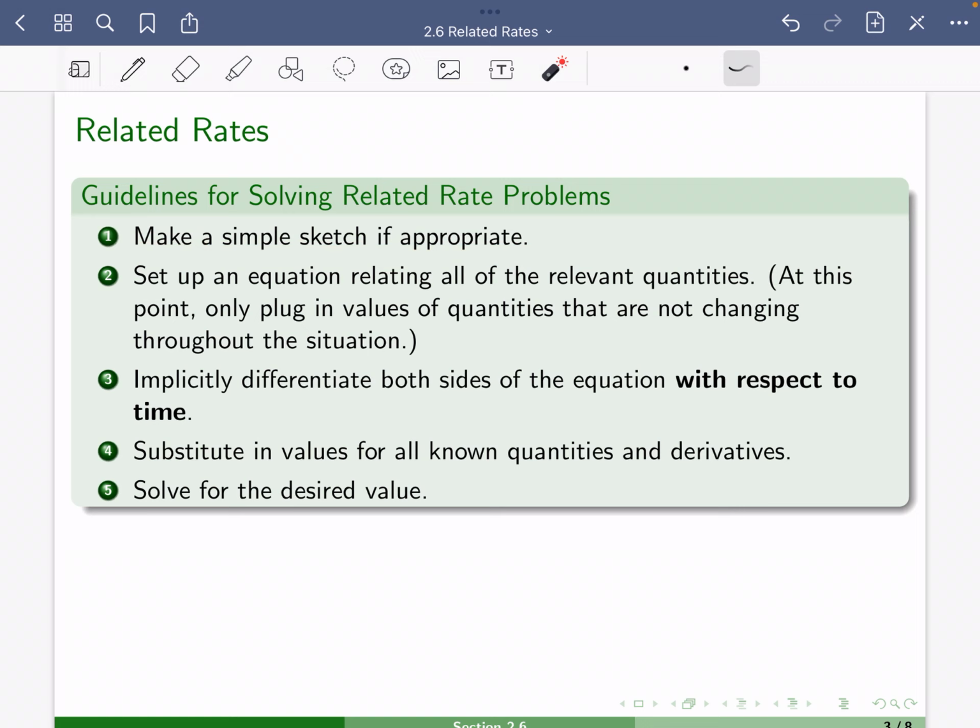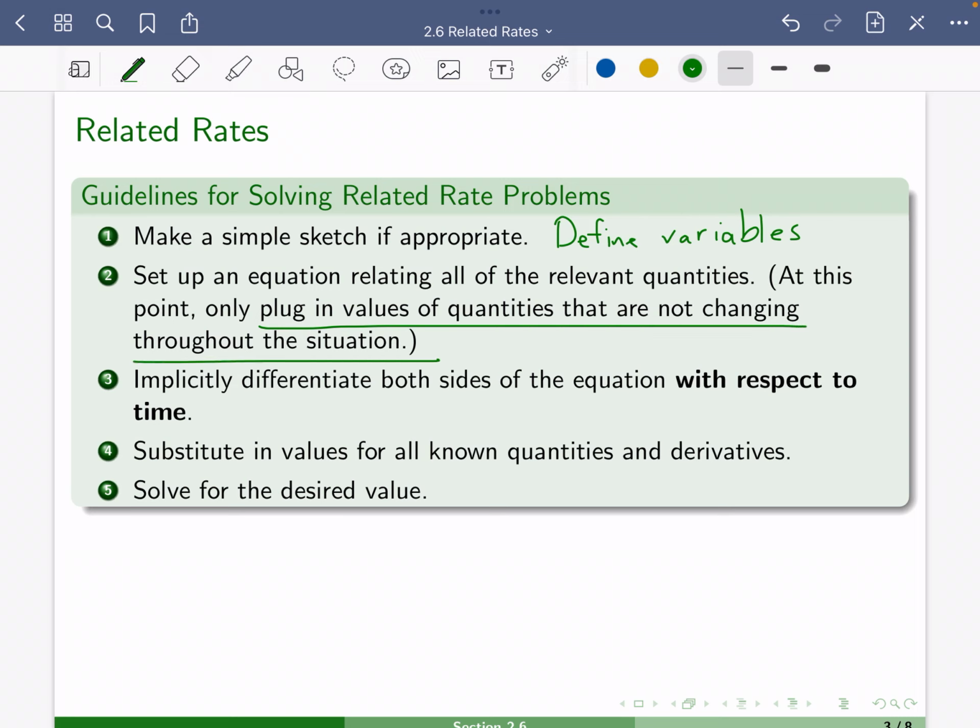Then in that sketch, you might go ahead and define your variables. What values are changing? What values are constant? Then you want to set up an equation relating all of the relevant quantities.